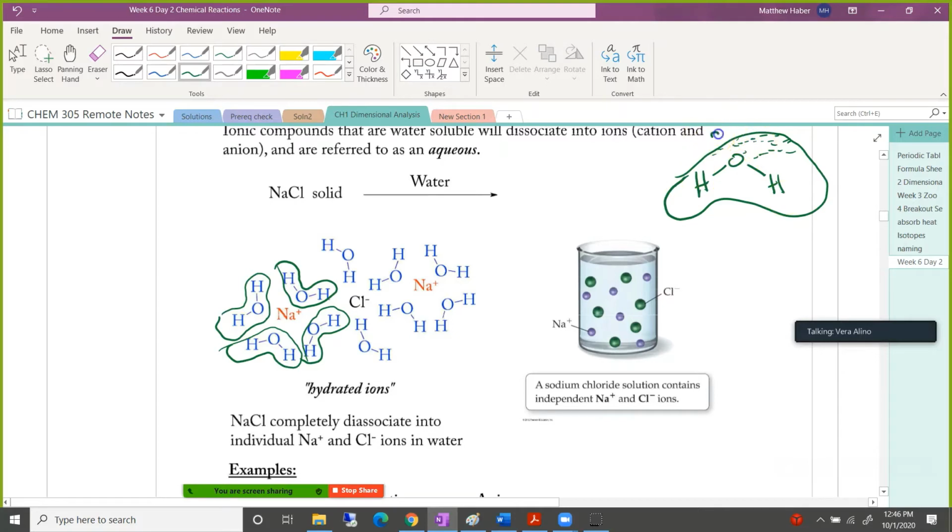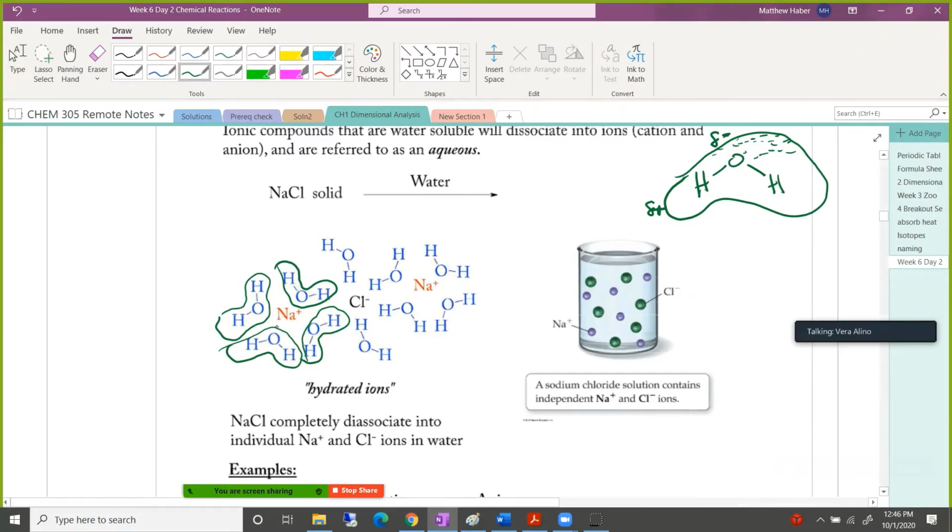This is usually denoted by the textbook as partially negative, and the area where there are fewer electrons will be partially positive. Notice how they are surrounding your sodium ion. It's usually the oxygen that is oriented closer to your sodium ion, is it not? Because the negative charge of water gets attracted to that positively charged sodium.